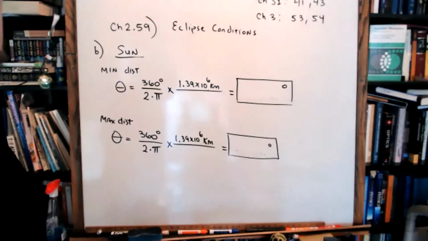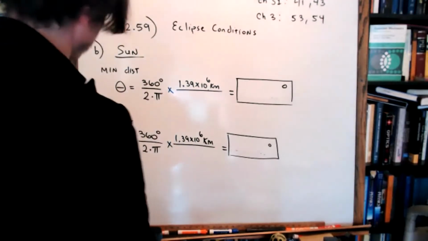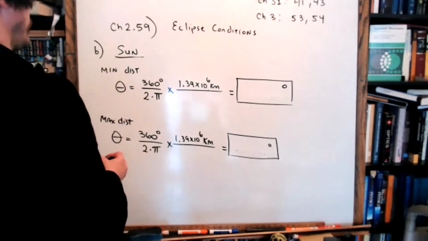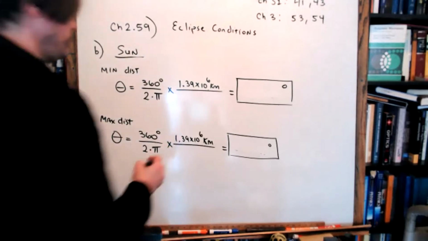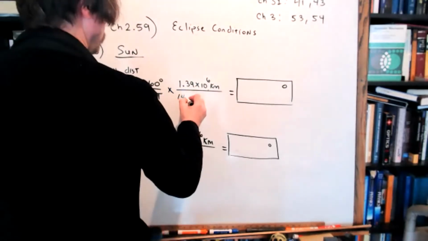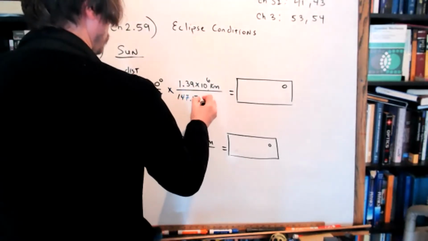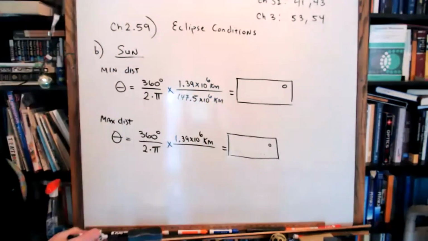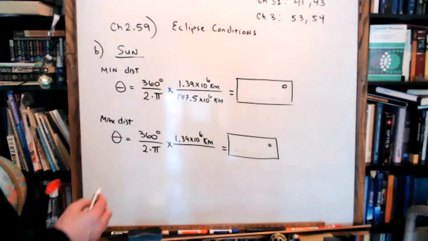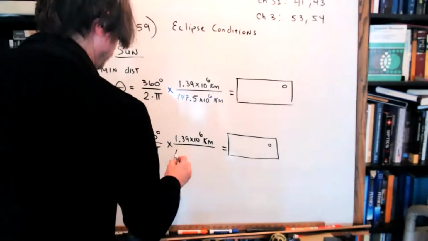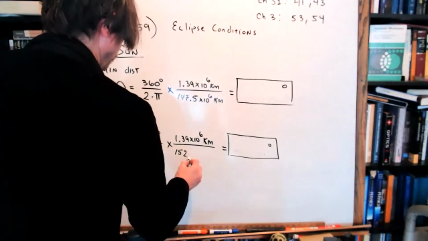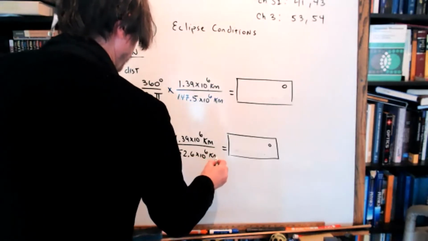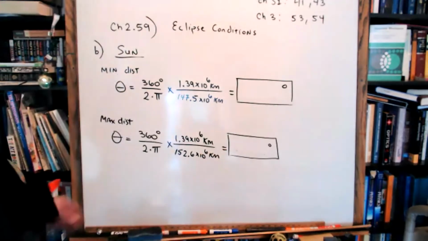What was the minimum distance? 147.5 times 10 to the 6 kilometers. Good. How about the maximum distance? 152.6 times 10 to the 6 kilometers. Okay, why don't you guys practice punching it in?